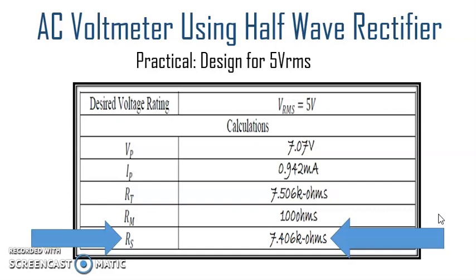Now, what are we supposed to do in lab? We are supposed to design an AC voltmeter using half wave rectifier for 5 volt RMS. So for 5 volt RMS, we are going to repeat all the steps that have been given in the example. We'll keep into account that for VRMS equal to 5 volts, our internal resistance will be equal to 100 ohms.